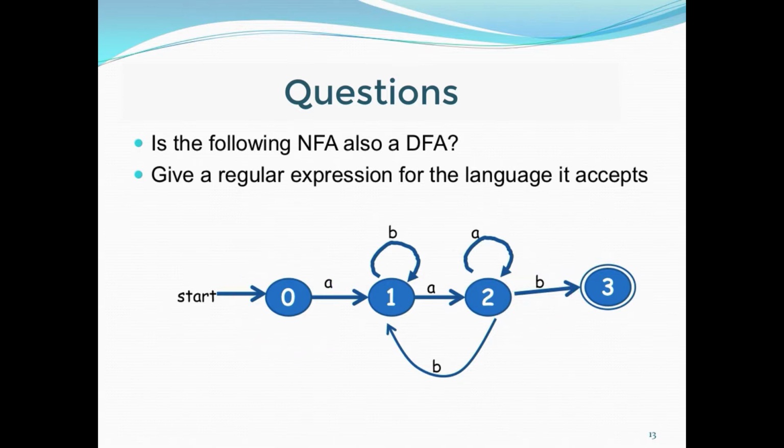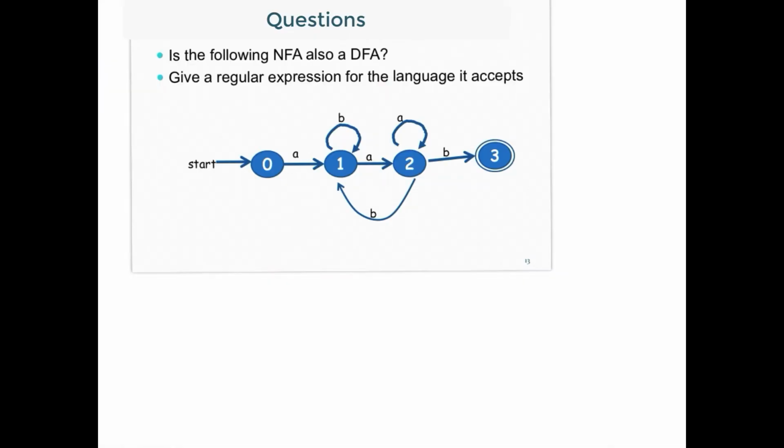And what language does it accept? Well, this is interesting. Okay, so it looks to me like we have this backwards guy again, right? And so there's this transition to state 3, which is where we finally win, but we have an A, as many B's as we want, an A, as many A's as we want, and then optionally, if we have a B, we can repeat that piece.